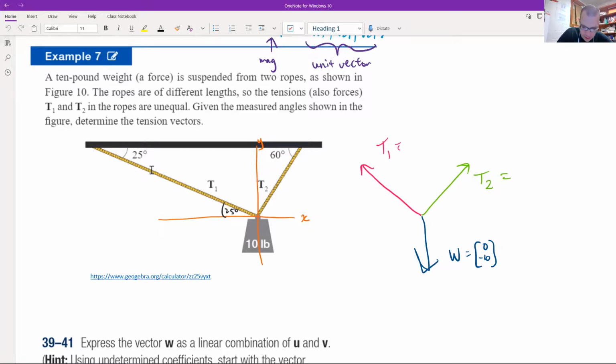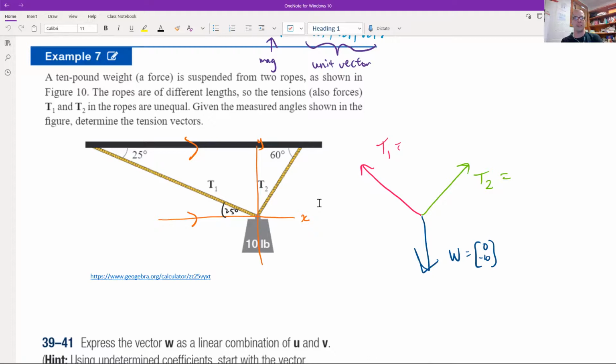If I get really sneaky, these are two parallel lines: the new x-axis that I just made and this hopefully flat ceiling or whatever we're hanging from. So we're assuming those are parallel.